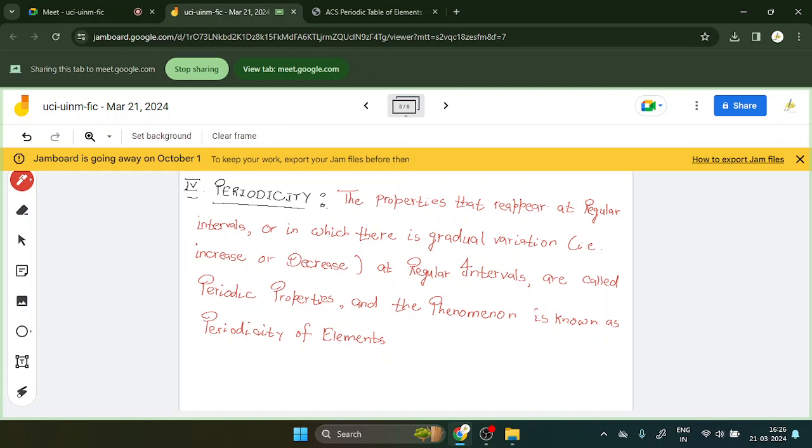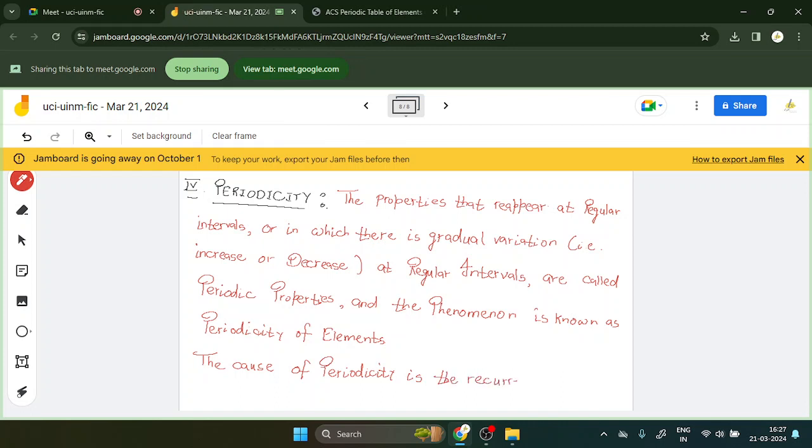And why is there periodicity? Because some elements have a similar electronic configuration, which means the same number of electrons in the outermost orbit. Clear? Now I am writing here, the cause of periodicity is the recurrence of similar electronic configuration, that is having the same number of electrons in the outermost shell.